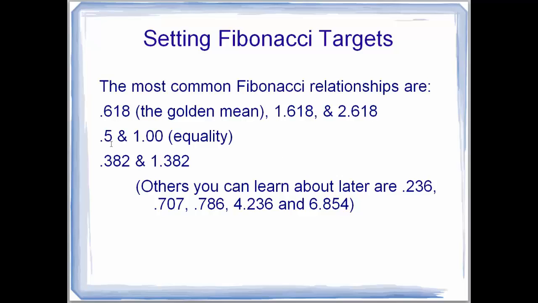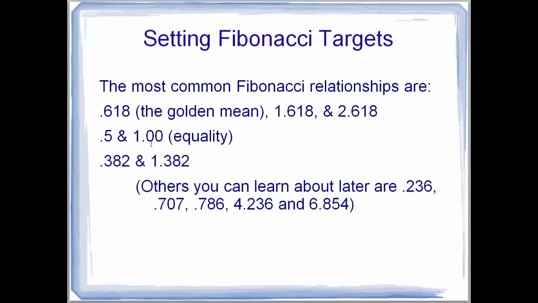These numbers are the ones to memorize. 0.618, and then the associated 1.618 and 2.618. These are all associated with the golden mean. If you ever get a chance to read about Fibonacci mathematics, there's a great chapter in that blue Frost and Prechter book that I recommended earlier.